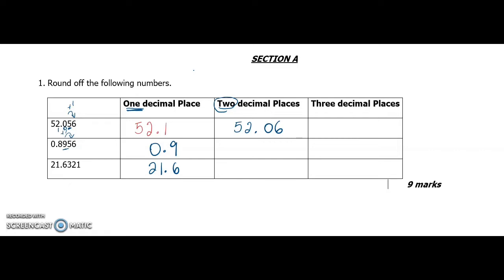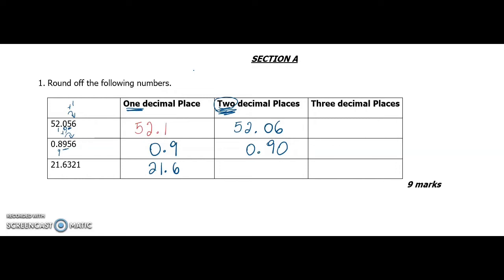So now I have 8 plus 1 and I'm going to get 9. So I have here 0.9, but remember I need 2 digits after the decimal point, so I'm just going to add a 0 as a placeholder. So you cannot have 0.9 for 1 decimal place and 0.9 for 2 decimal places. That is incorrect.